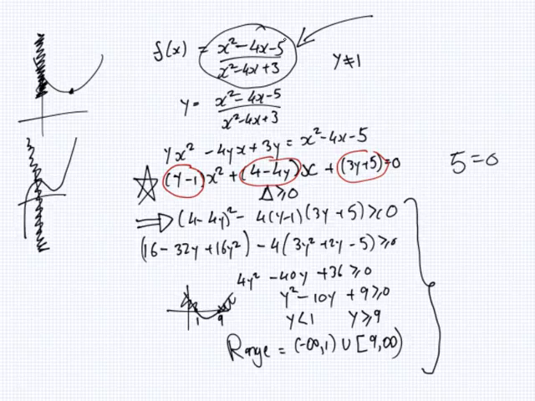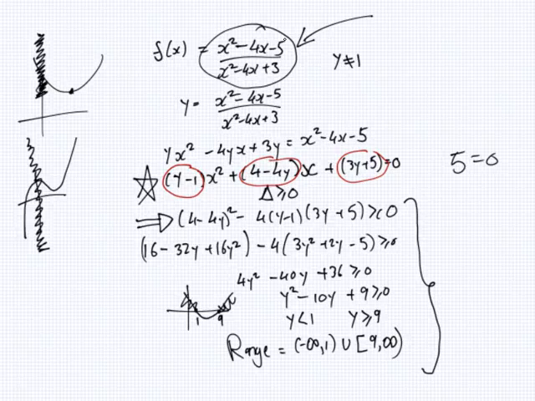Now what's interesting is, see how in the range we include 9, but don't include 1. So there must be something we can see on the graph that lets us have the 9 on the y-axis, but then doesn't let us have the 1 on the y-axis. So we'll have to see what that looks like. And the graph should go down to minus infinity, and it should go up to plus infinity.